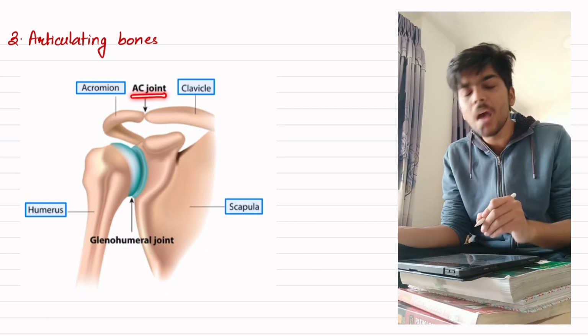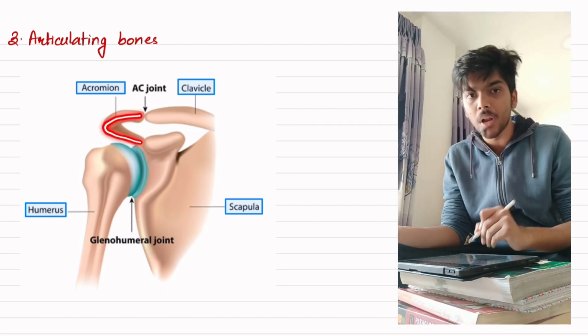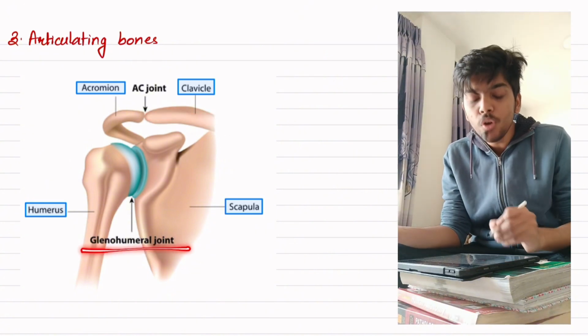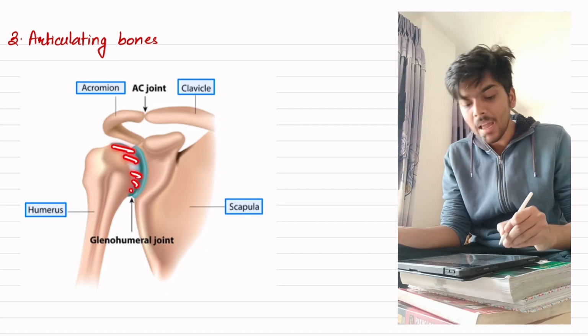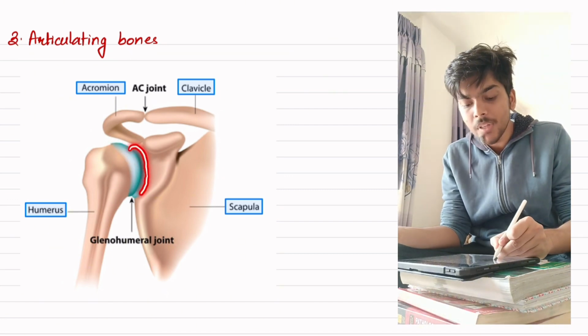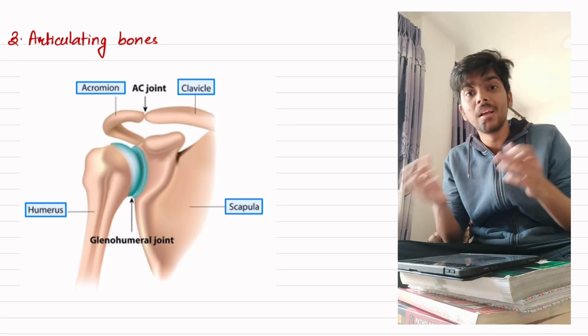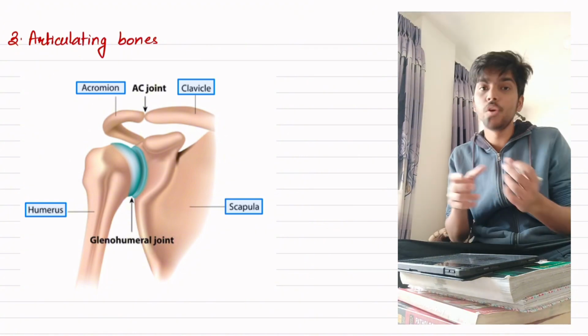The acromioclavicular joint is formed by the acromion process of scapula and the lateral part of clavicle, while the glenohumeral joint is formed by the head of the humerus and the glenoid cavity of the scapula, so called the glenohumeral joint.